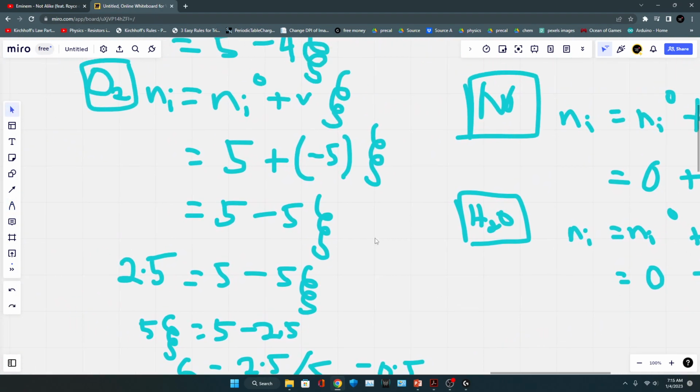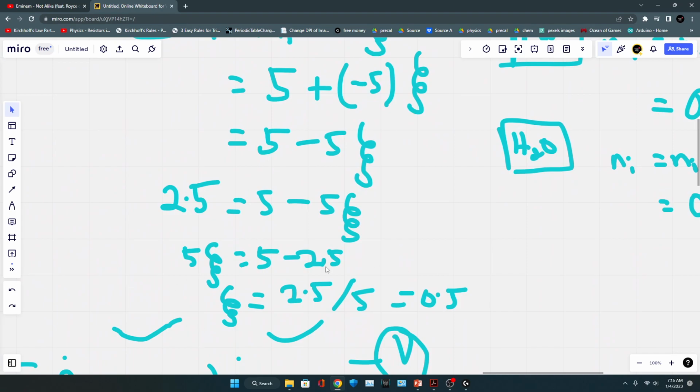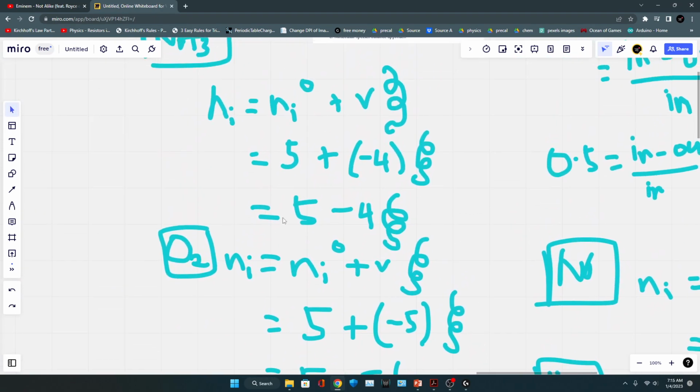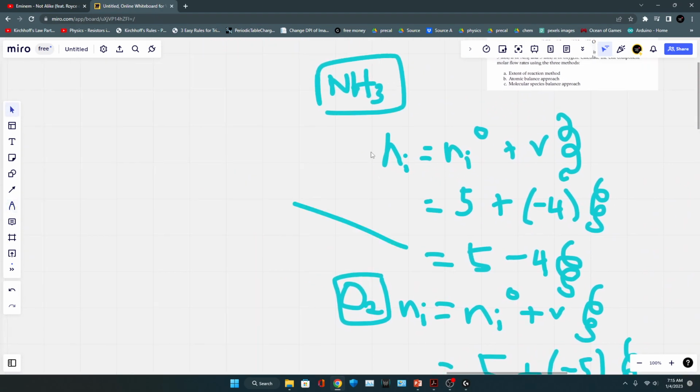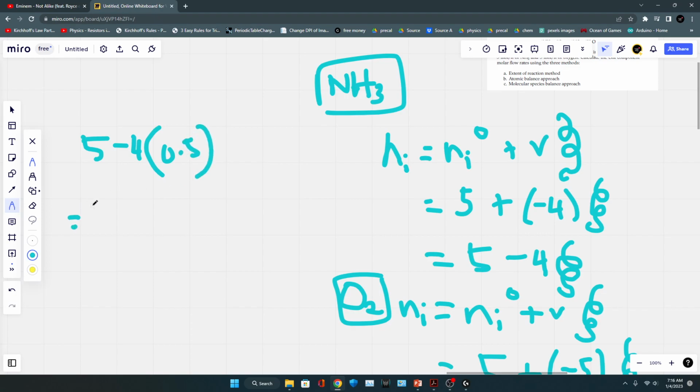So the only thing that you need to do is take this value of xi right here, which is 0.5, and substitute it in the xi section. For example, if you want to find the amount of NH3 that's coming out in the outlet stream, you just substitute the value of xi here and you shall get the correct amount. So 5 minus 4 times 0.5, half of 4 is 2, so 5 minus 2 is 3, so 3 moles per hour for NH3.